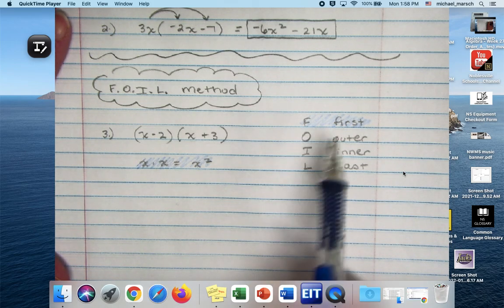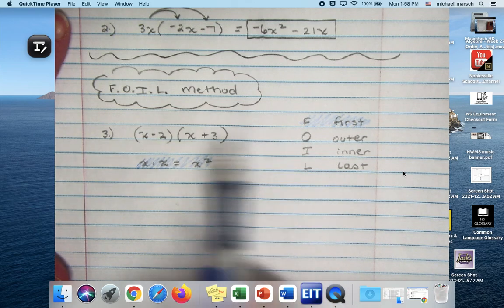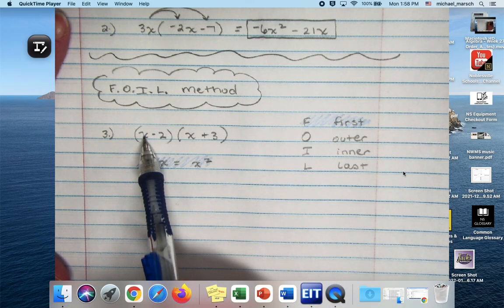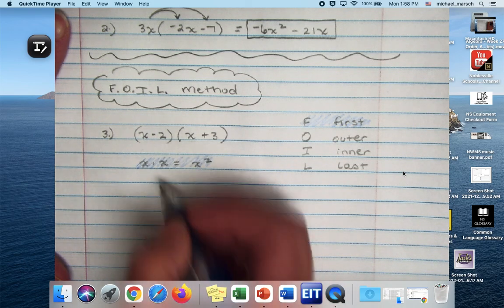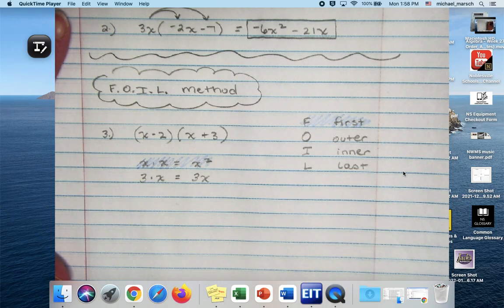So we've got our first ones multiplied. Outer. So my outer is this x and this 3. So first, outer, so I'm going to have 3 times x equals 3x. That's going to be green.